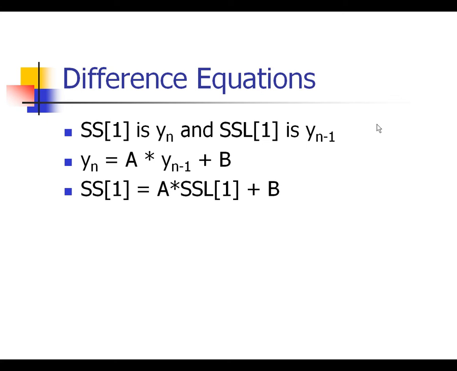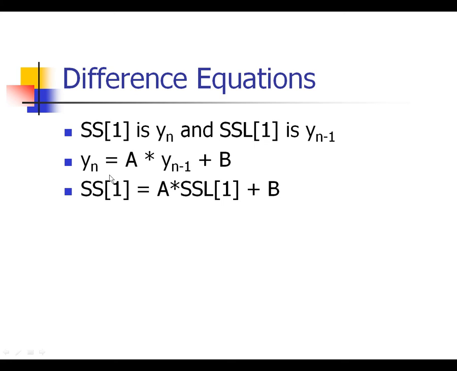Difference equations simply refer to the current value and the y of n minus 1 value. So SS1, if you take this approach, is the current value or y sub n value, and SSL of 1 is the last value, or y of n minus 1.